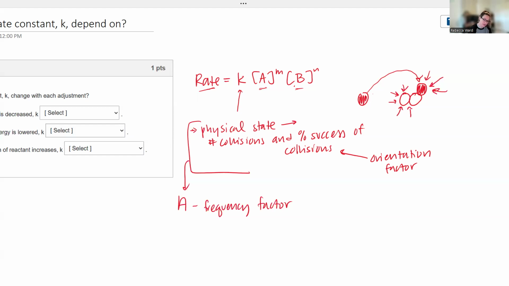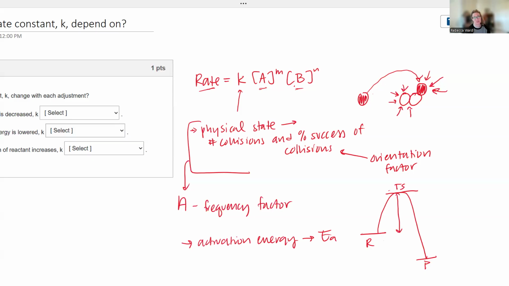K also depends on the activation energy. That's EA, and that's just how big the hill in front of the reactants is. The activation energy is from the reactant energy all the way up to the transition state, so the highest energy point. Where is this thing the least stable? You're starting to break bonds and you haven't got the payoff of making the new bonds.